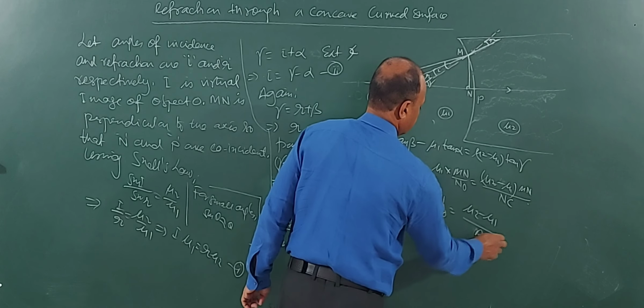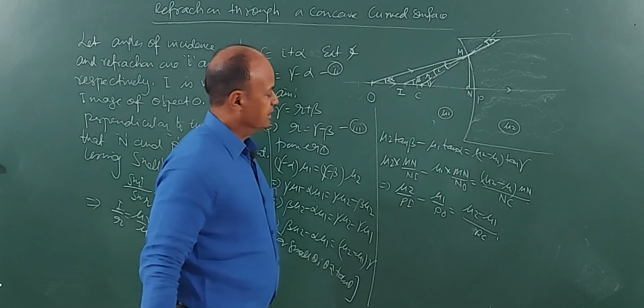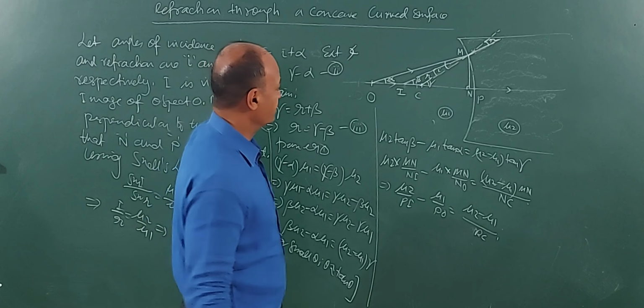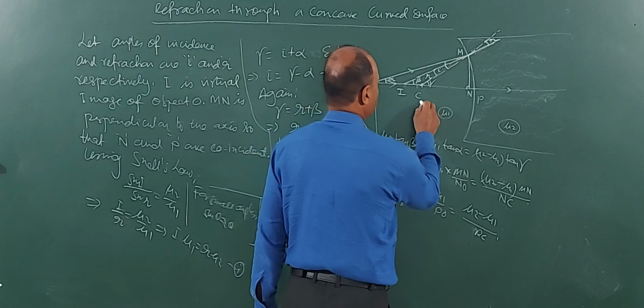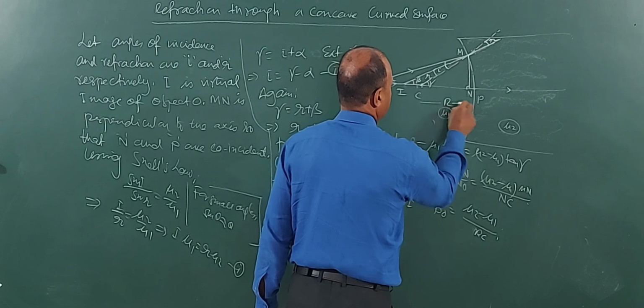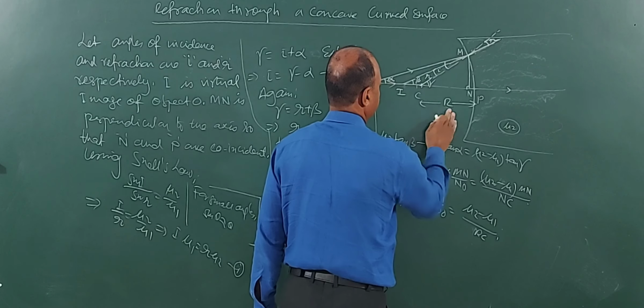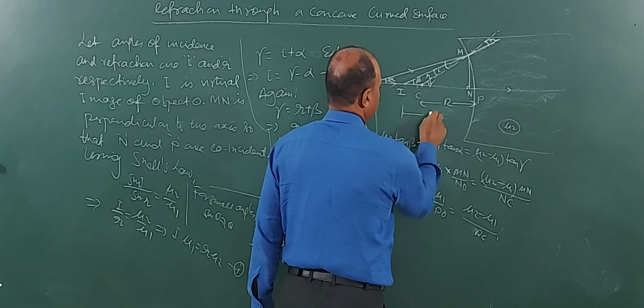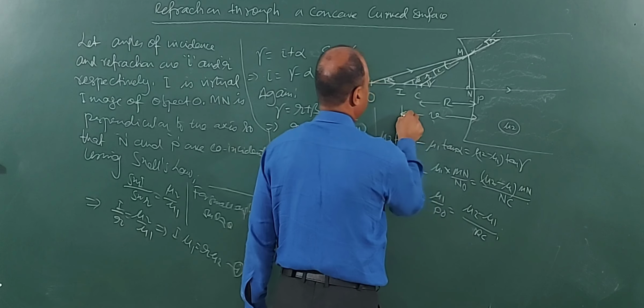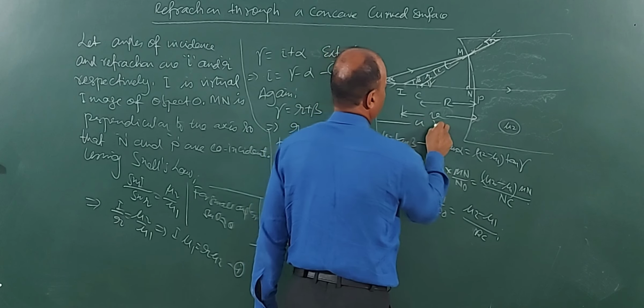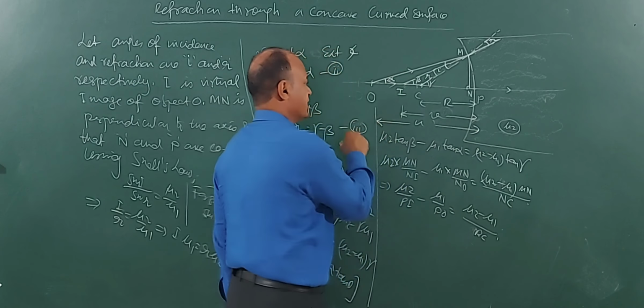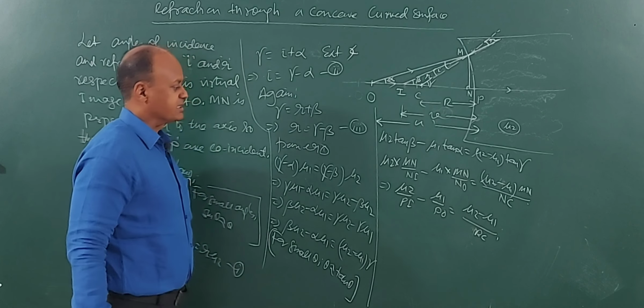And if we look at the sign convention and distance, see children, PC is the radius of curvature, PI is v and PO is u. Children, interestingly enough, all the three distances are located where?